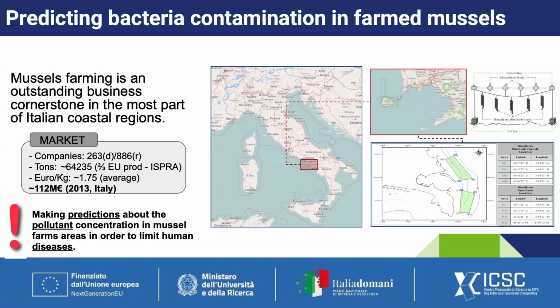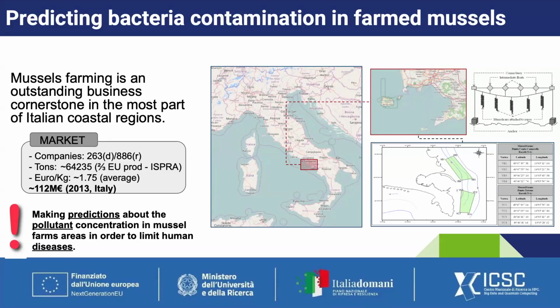It's a pretty challenging task because there are some implications related to the health of the population. So we want to know in advance if the mussels destined as human food could be contaminated or not, because if they are contaminated, they cannot be sent to the market.